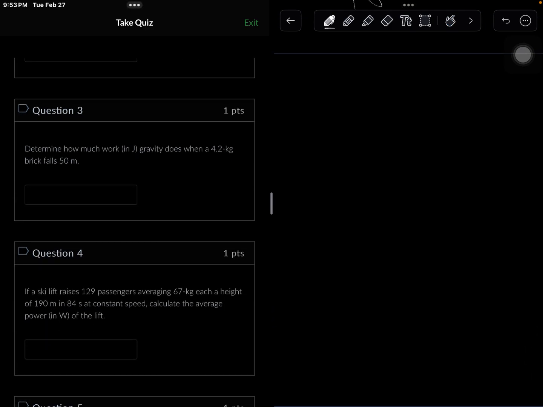Question 3. How much work does gravity do for a brick that falls? Very simple question. Work, change in energy. So you take the potential energy change, so mgh minus mgh, which is just going to be final minus initial. Final is going to be 0 when it hits the ground.